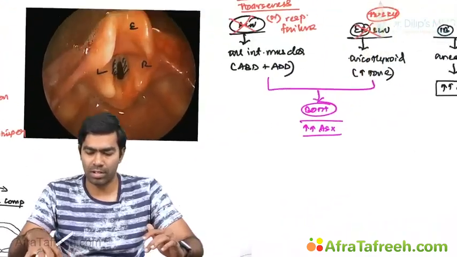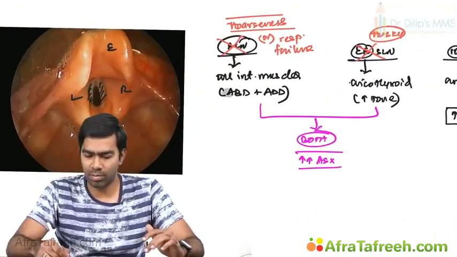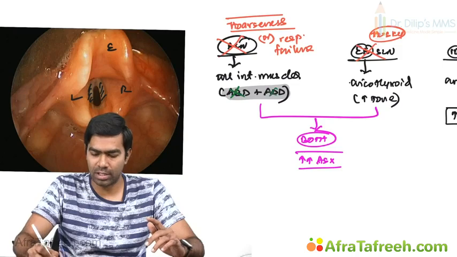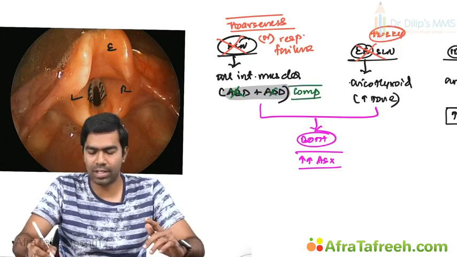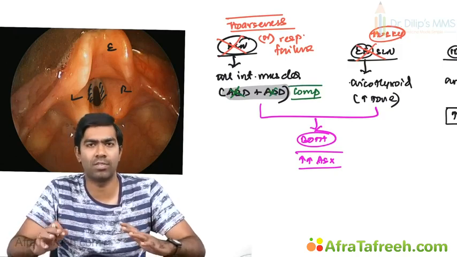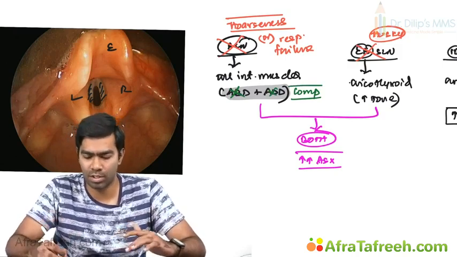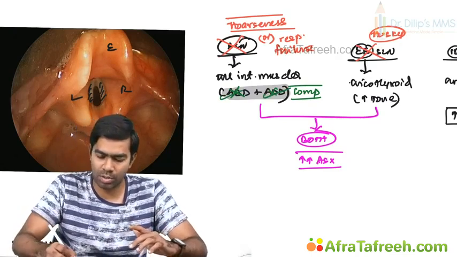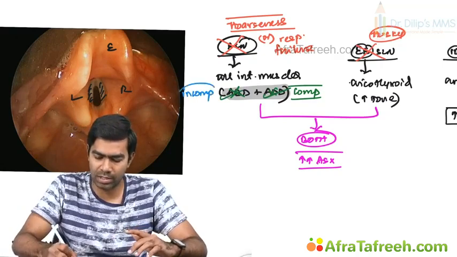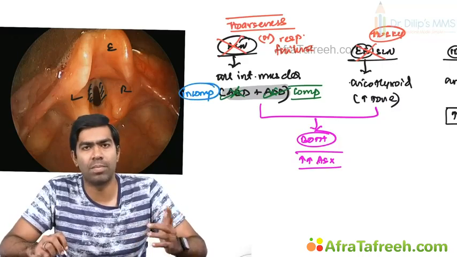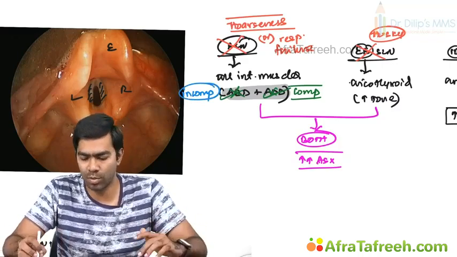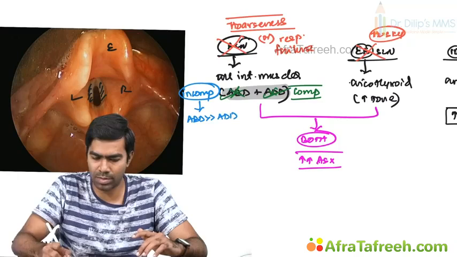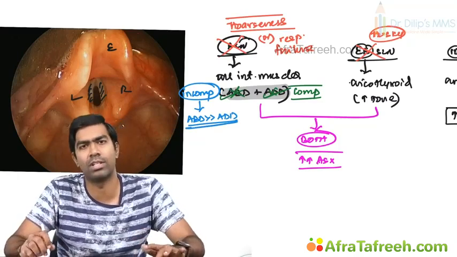But apart from that, since the recurrent laryngeal nerve supplies both abductors and adductors, only in complete paralysis will both abductors as well as adductors be affected. Suppose you have only incomplete RLN damage or incomplete recurrent laryngeal nerve paralysis, you will cause predominantly an abductor problem rather than an adductor problem, which means the abductors are affected more than the adductors.